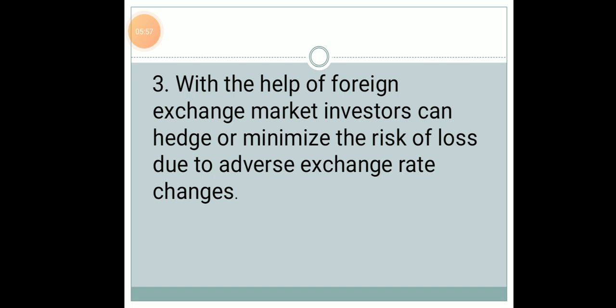There are two types of hedging techniques we are going to discuss elaborately in upcoming units, that is internal hedging techniques and external hedging techniques. But in today's session, you just simplify that the foreign exchange market provides various hedging techniques to those people who are exposed to fluctuating currencies.